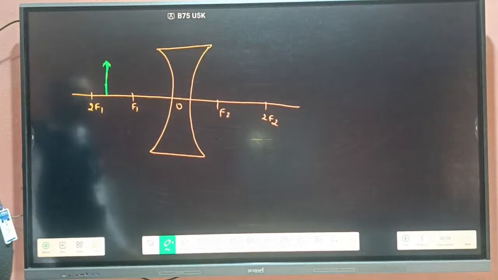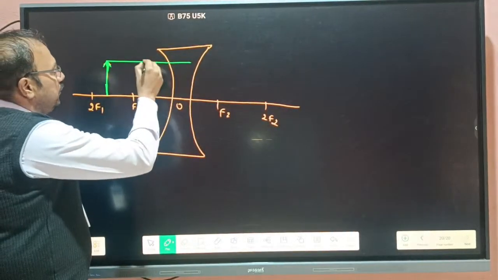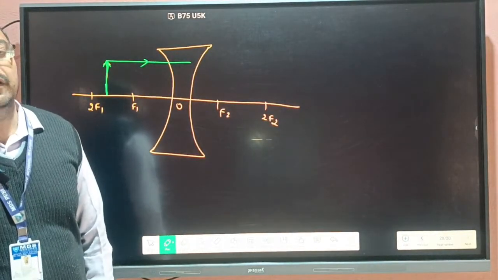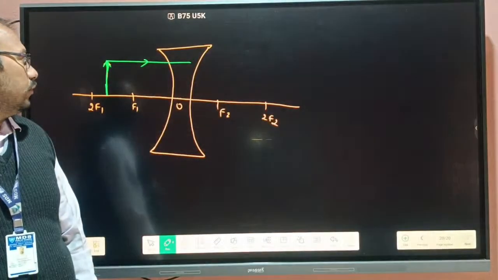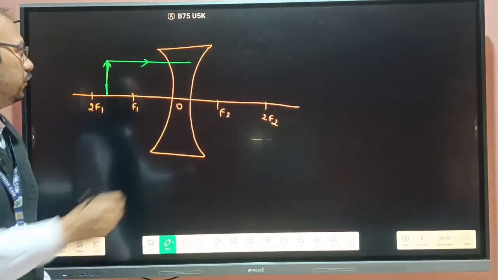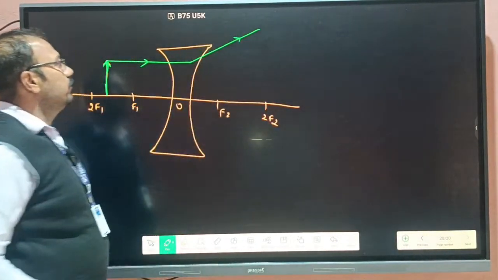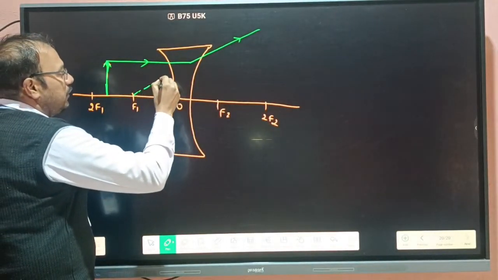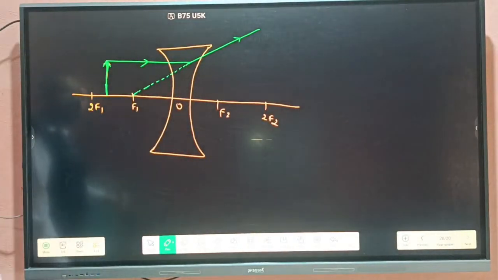Here the first ray generated is a parallel ray. We know that a parallel ray, after refraction, appears to pass through the focus, which is F1. So it is refracted in this direction, and this is its backward extension.